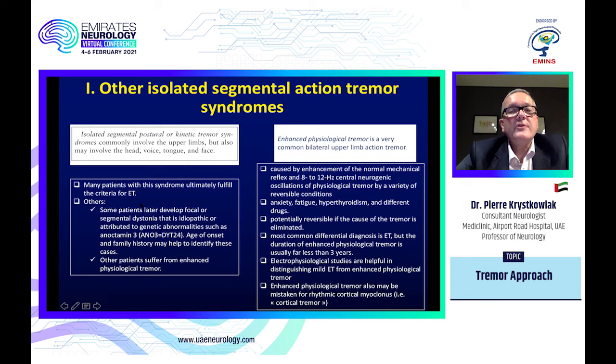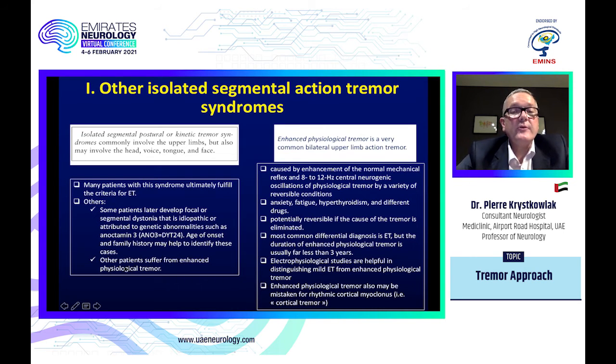So many patients with this syndrome ultimately fulfill the criteria for essential tremor. And some patients later develop focal or segmental dystonia that is idiopathic or attributed to genetic abnormalities such as DYT24. And age of onset and family history may also help to identify these cases.